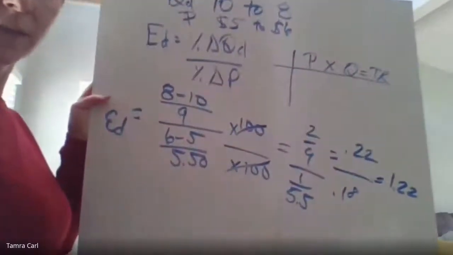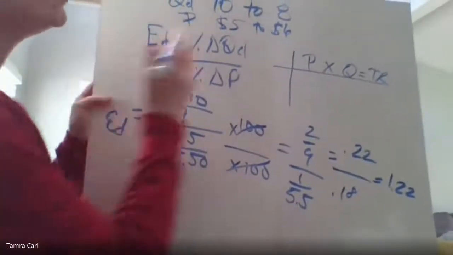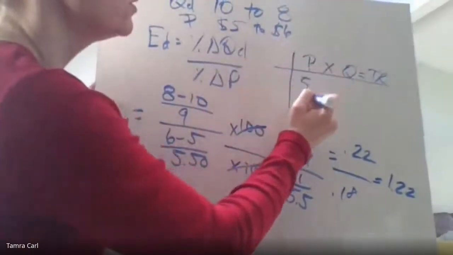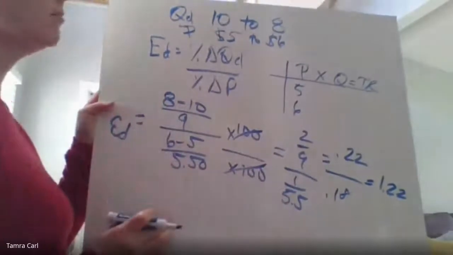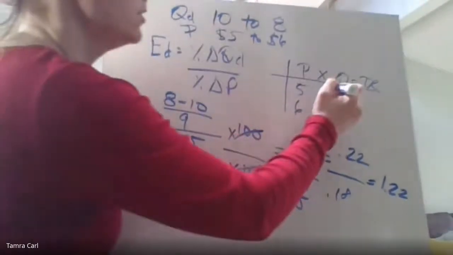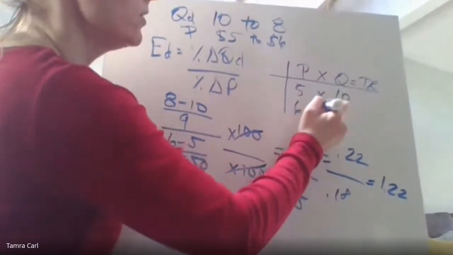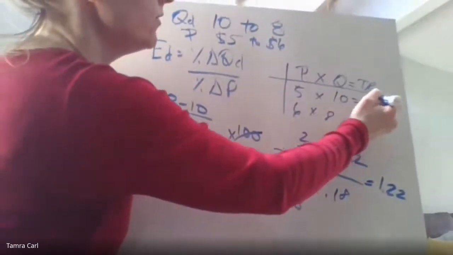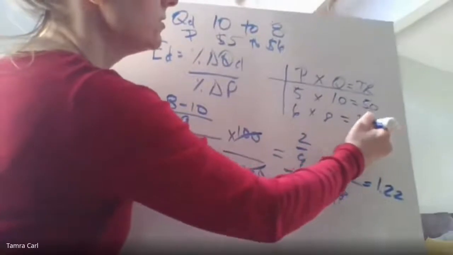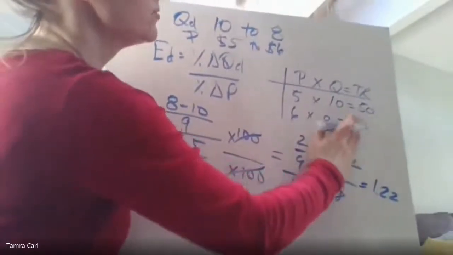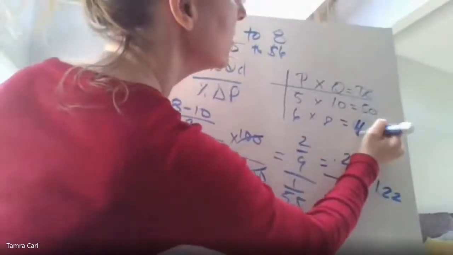So if my price went from 5 to 6 and my quantity went from 10 to 8, it went from 50 to 48.